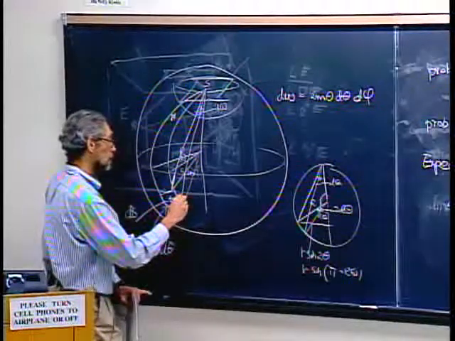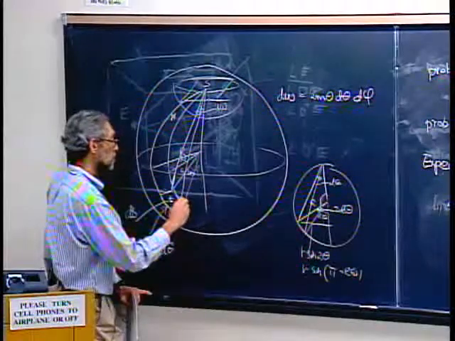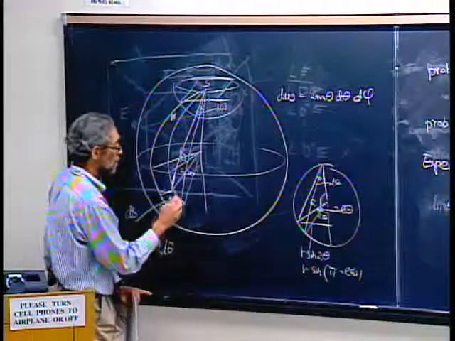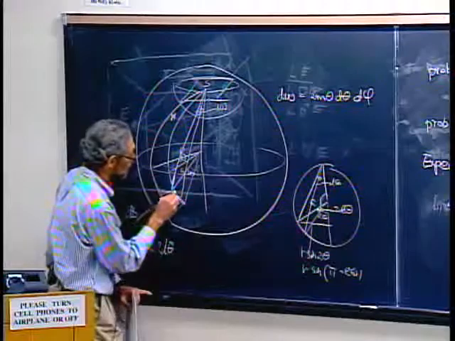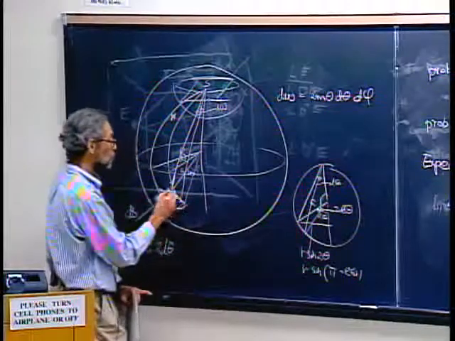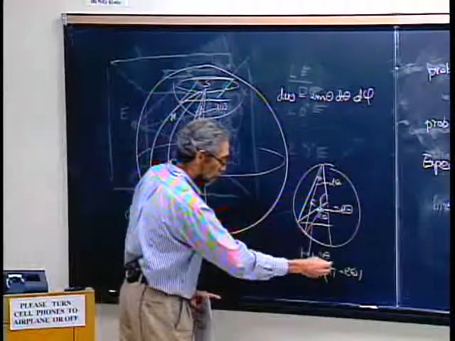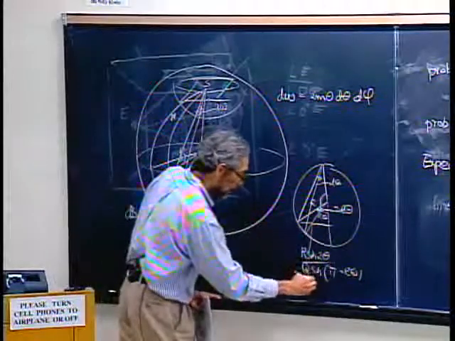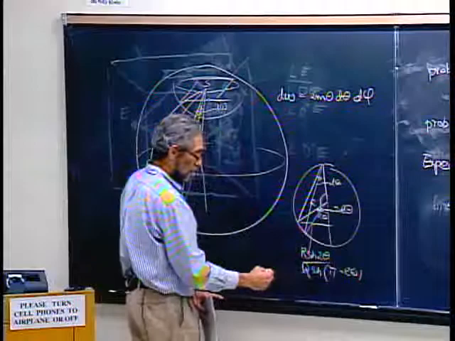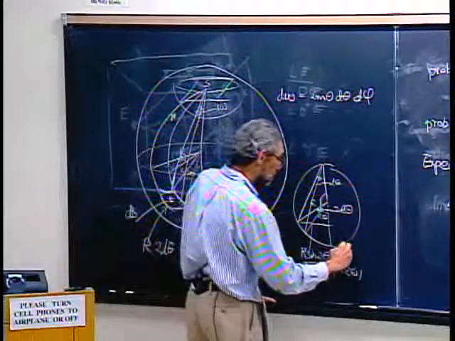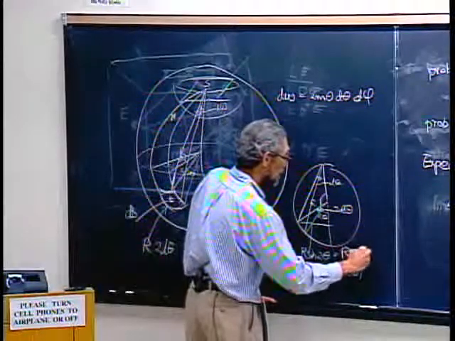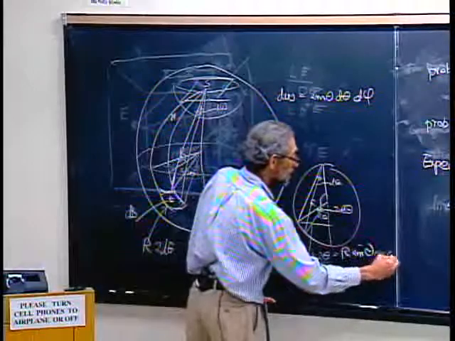And this length here, which is sort of around, I didn't draw this exactly right. It's around a circle, but it's not a great circle, right? Its radius is capital R sine 2 theta. And sine of 2 theta is 2 sine theta cosine theta.